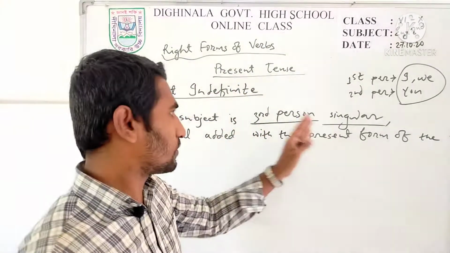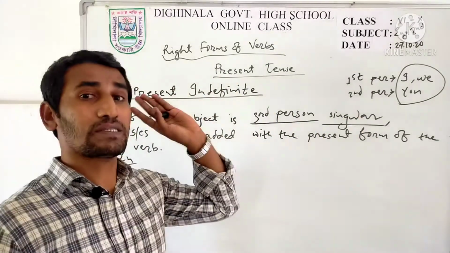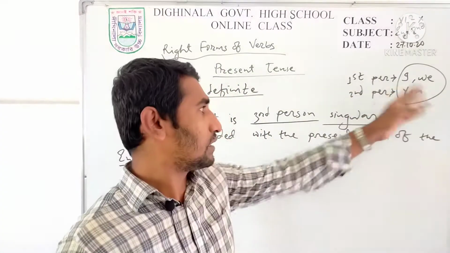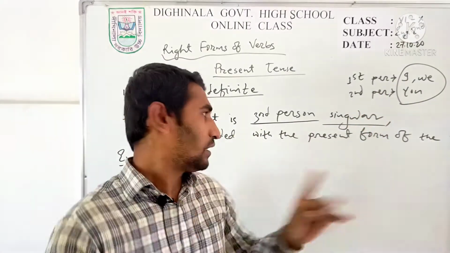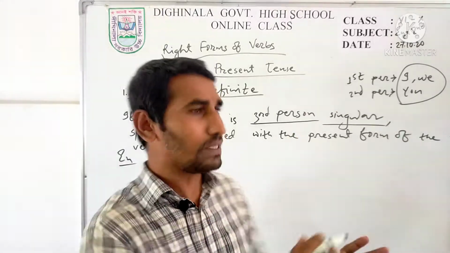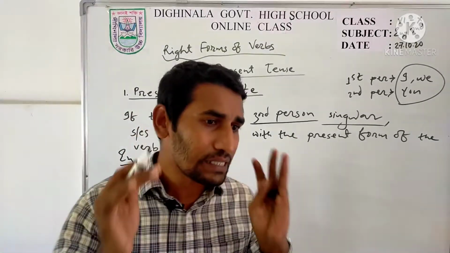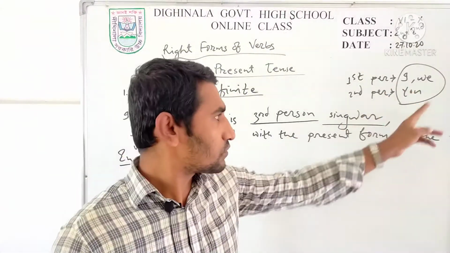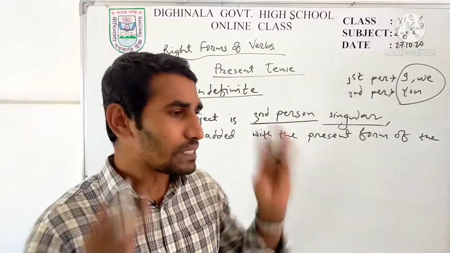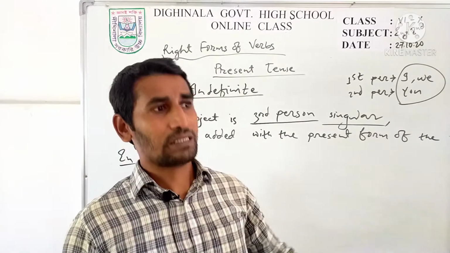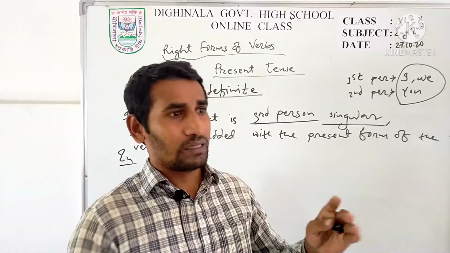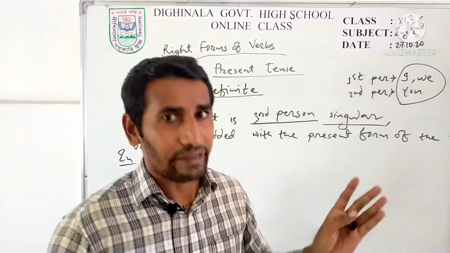And if the third person is singular, that means he, this is third person and he is one. So after he, you have to put s or es with the verb in present indefinite tense. But the subject they is third person, but they is plural. So after they, you have to put the present form, and you shouldn't add s or es after the verb that comes after they.